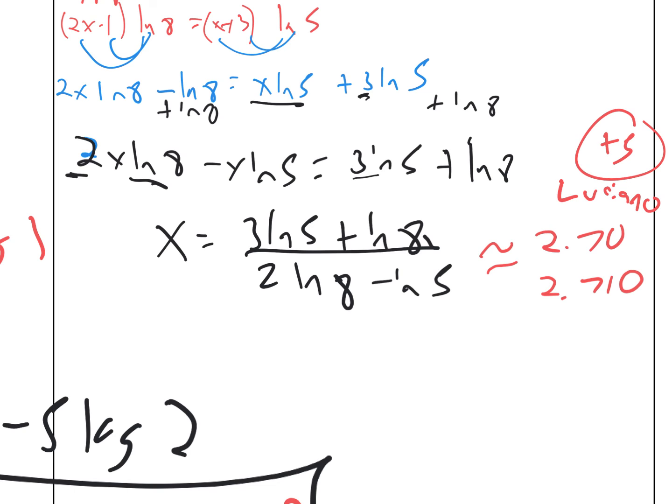Now, is anybody else keying it in? I want to know if I'm right. I know Luciano's right. I want to see if we're right. I don't get it. Well, I tried. You didn't get the 2.7? No. You wrote 3 natural log of 5 plus natural log of 8 on the top, divided by, read your denominator to me.